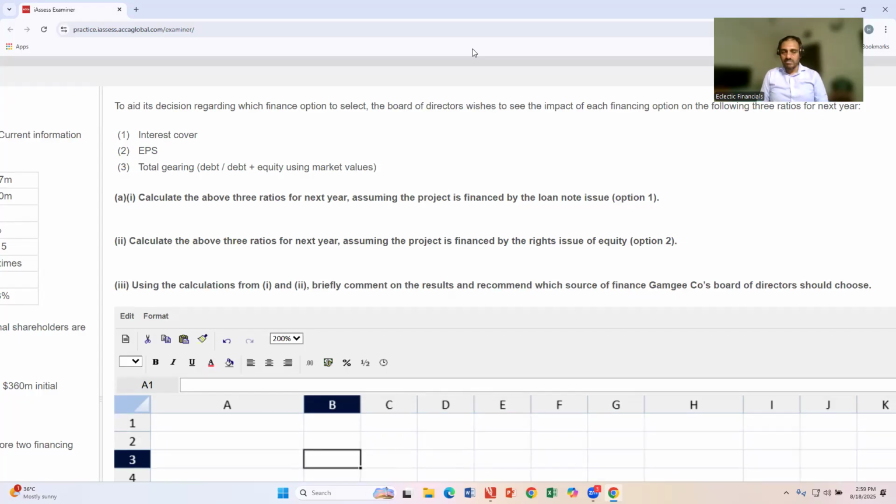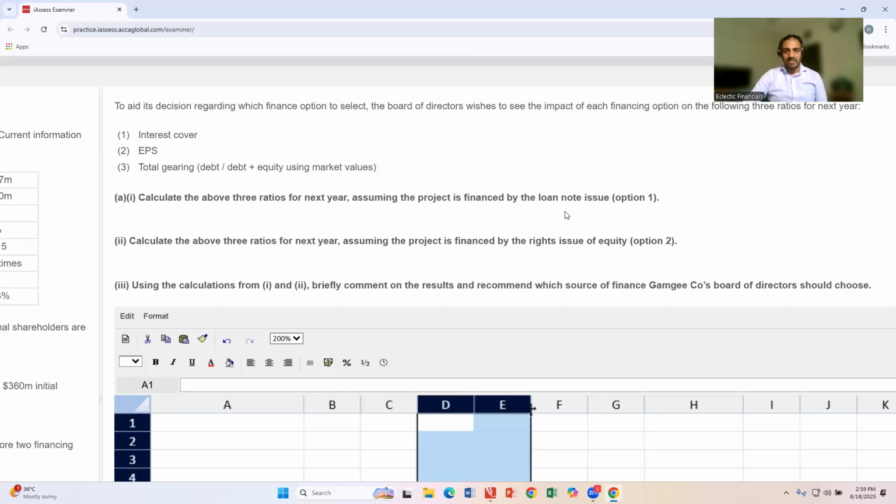Here you have identified that it's ratio and business finance. Number two, it's not just business finance, it's about the WACC. So first thing, you need to identify this.